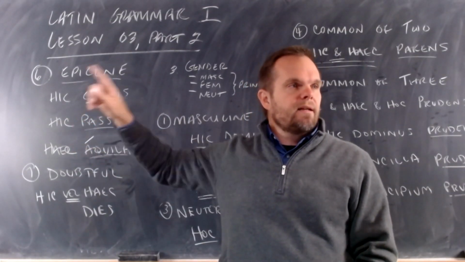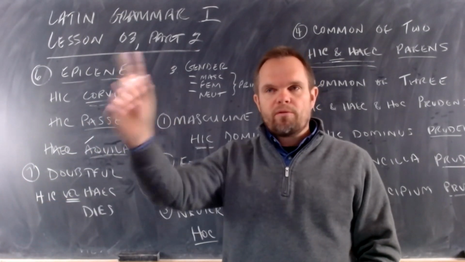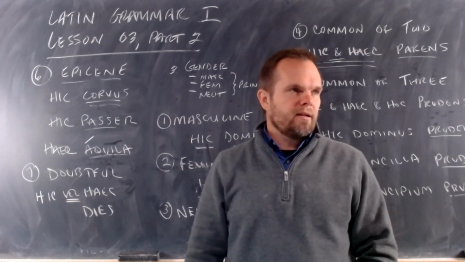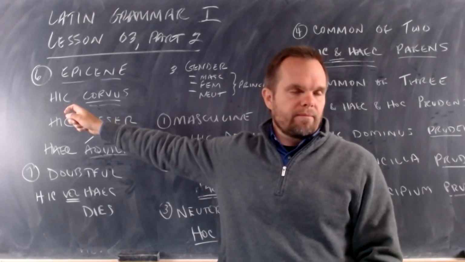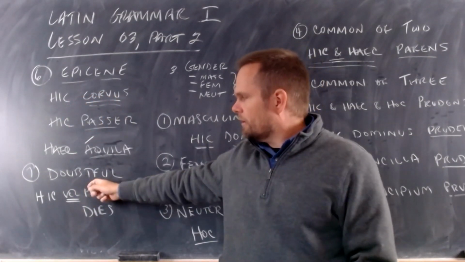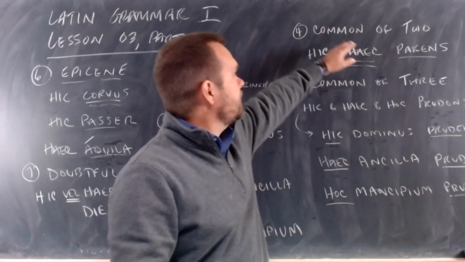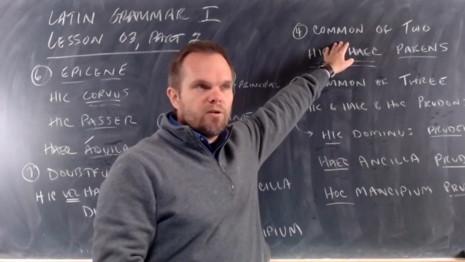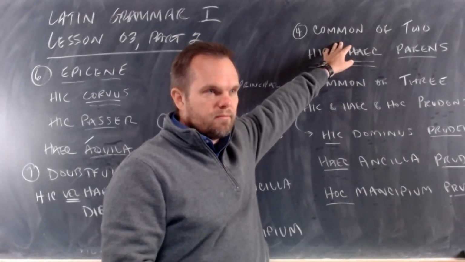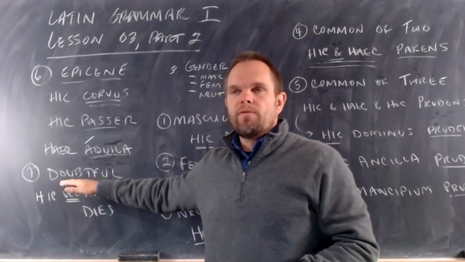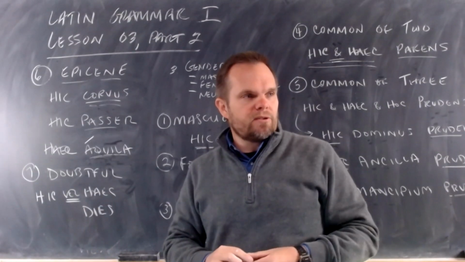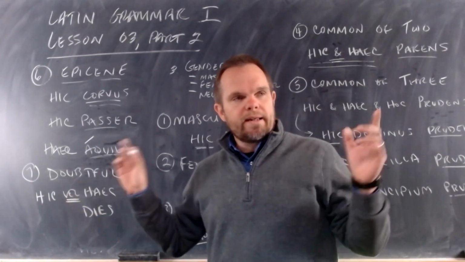The idea that male and female are both referred to with one gender of a pronoun. That's confusing. So that's why epicene is confusing. Doubtful is confusing because it's confused with common of two. Right? So what's the difference between common of two and doubtful? That's the challenge of these genders. That's why they get confused.